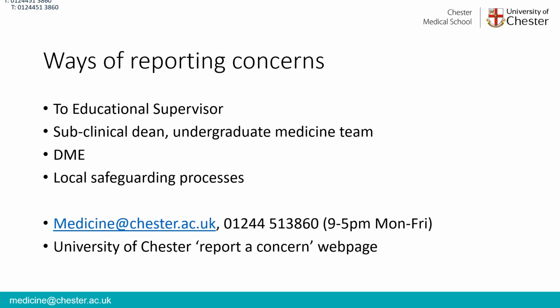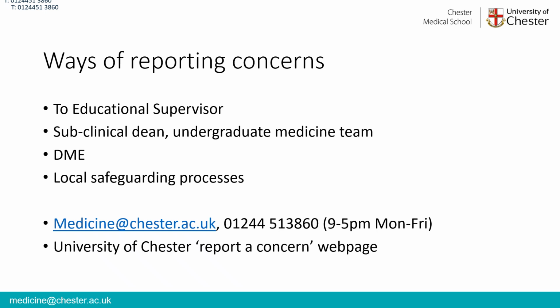There are a number of ways of reporting concerns that you may have about a student or group of students that you encounter. The first way would be to report it to the educational supervisor, a sub-clinical dean if there is one in post at that trust, the undergraduate medicine team, the Director of Medical Education for the Trust, and following local safeguarding processes.